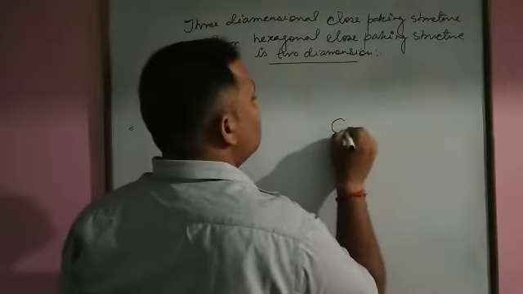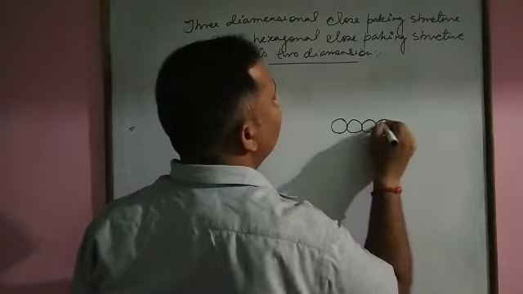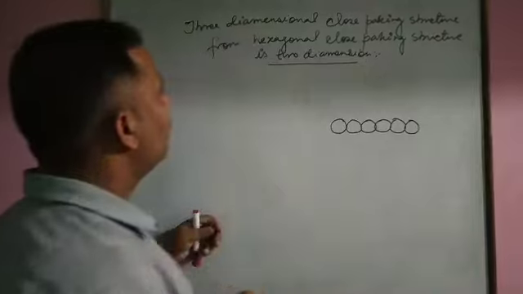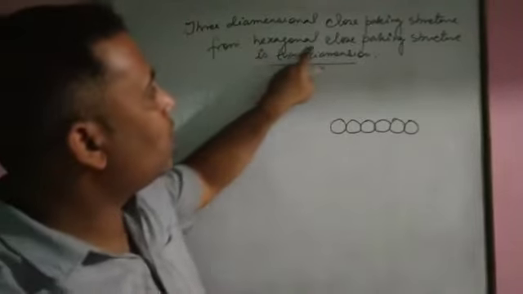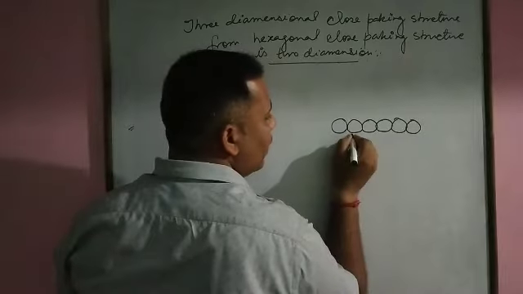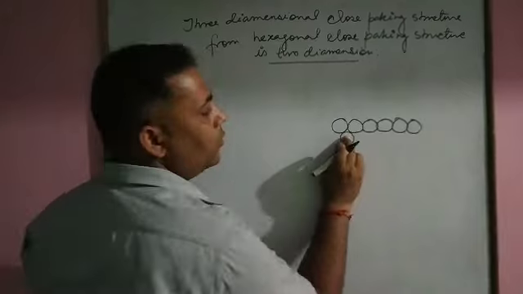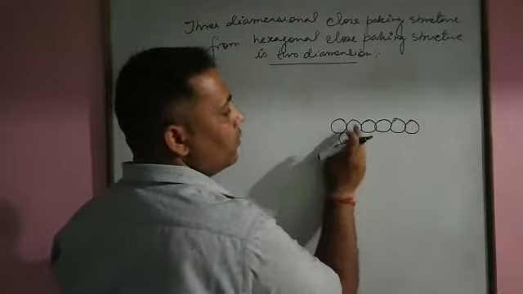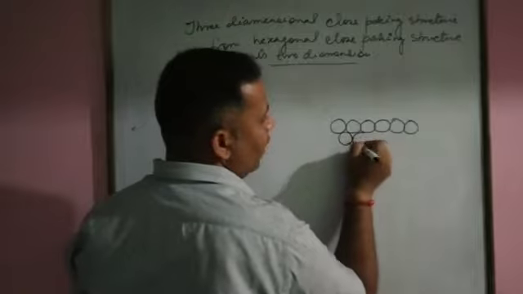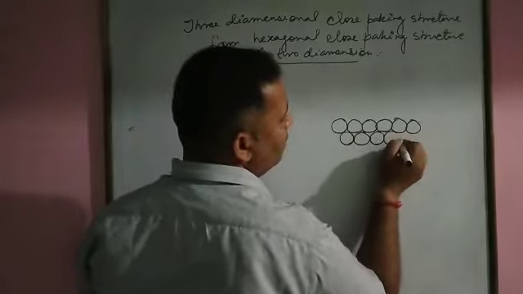This is the close packing structure in one dimension. Next, what is hexagonal close packing structure in two dimensions? If we place the second row in such a way that the atoms of the second row are placed in the depressions of the first row, then what do we have?